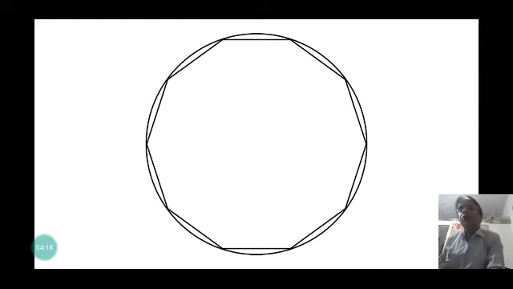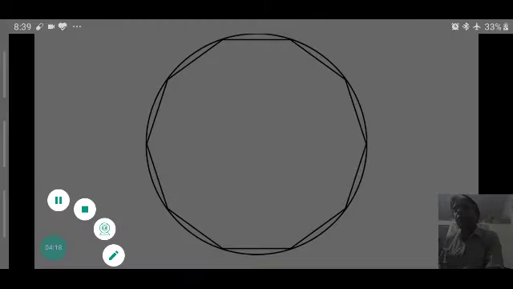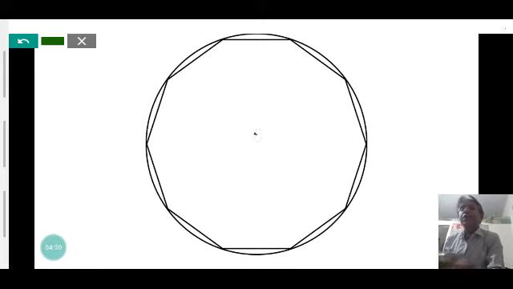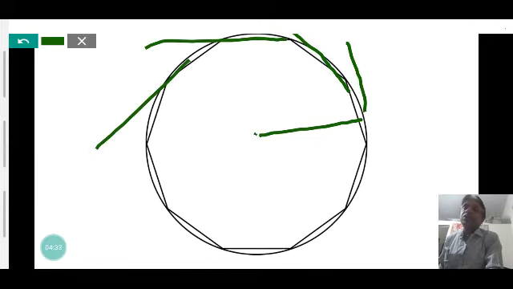So when a body moves around a circular path, we consider the circle as a polygon with an infinite number of sides. So the direction of the body changes infinitely when it moves around the circular path.